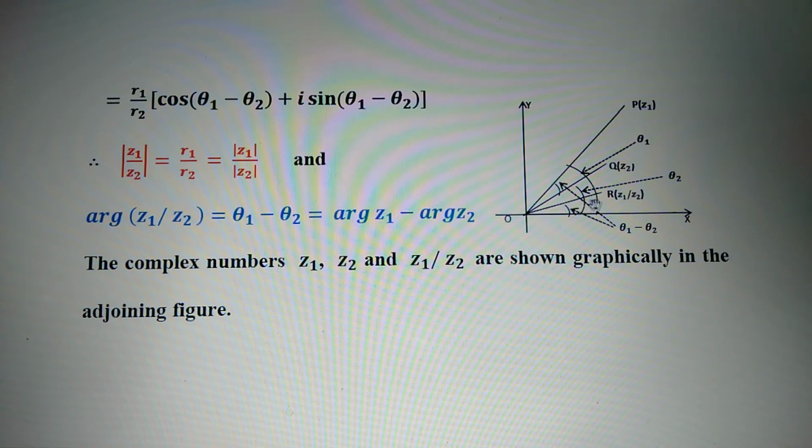Also the length of this line is R1 by R2. This length divided by this length is the modulus of Z1 by Z2. So the length of Z1 by Z2 is this. Okay.